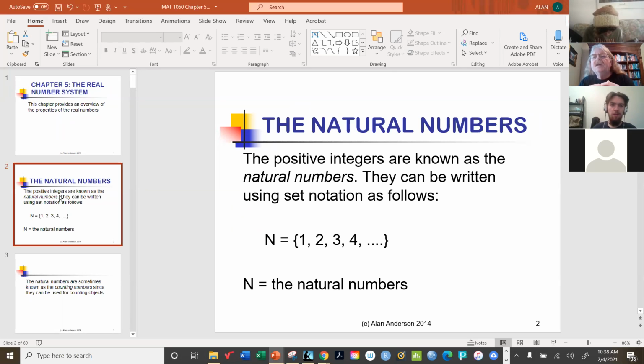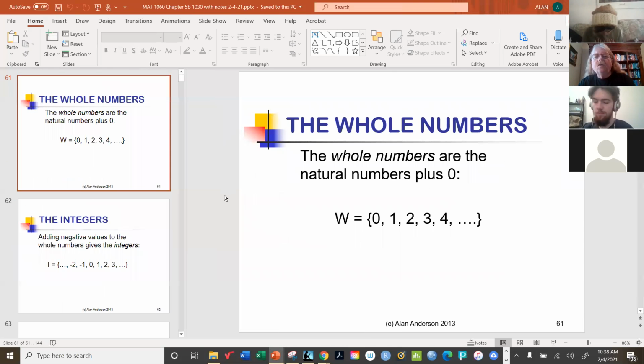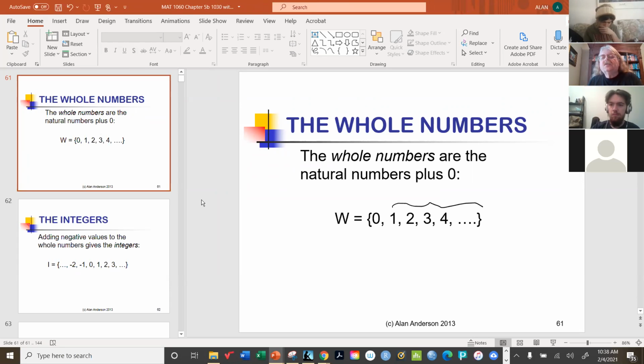So what we're going to do now is add to our classification of the real numbers by looking at the so-called whole numbers. For the whole numbers, all we did was add a 0. So you can see within the set of whole numbers, we also have all of the natural numbers.